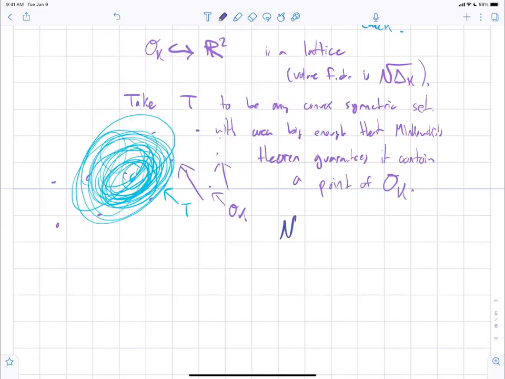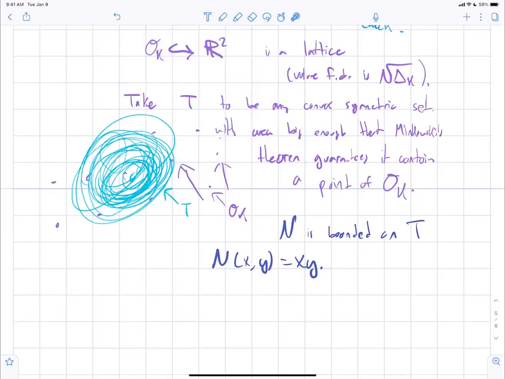The norm is bounded on T. So N of (x,y) is just the product xy. Somehow O_K is put inside there, and the norm on O_K just becomes the product of the two coordinates, because the embedding is the product of the two embeddings.